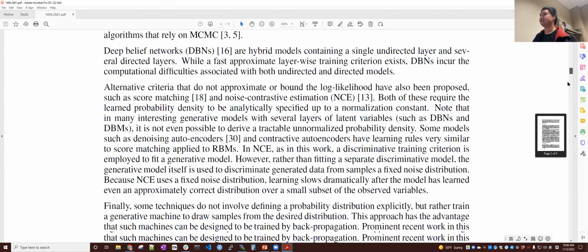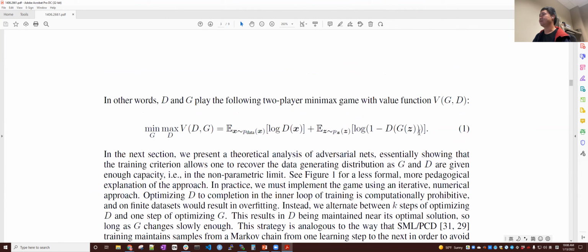If we look at the loss function explicitly, it looks like this. It's a min-max game. We have the form of this value function.